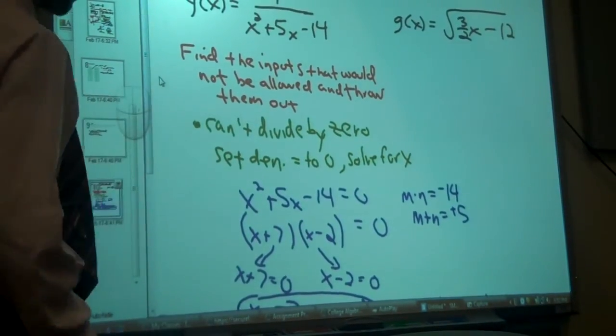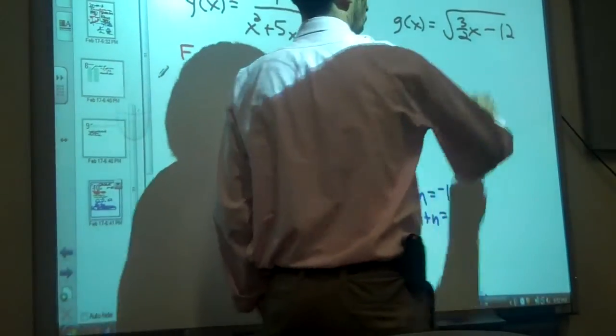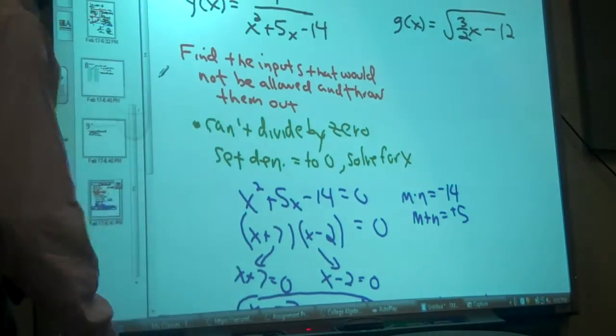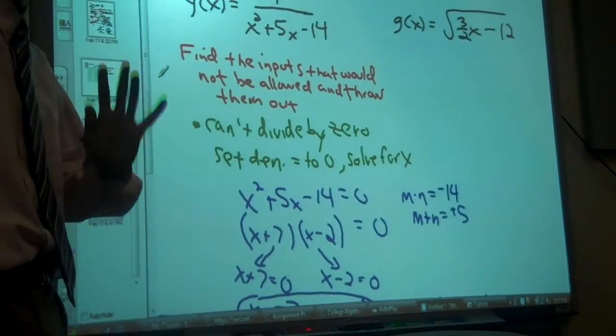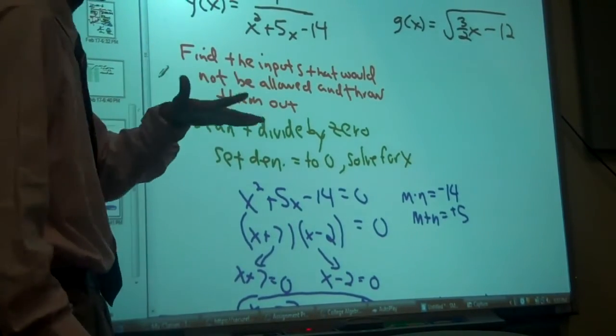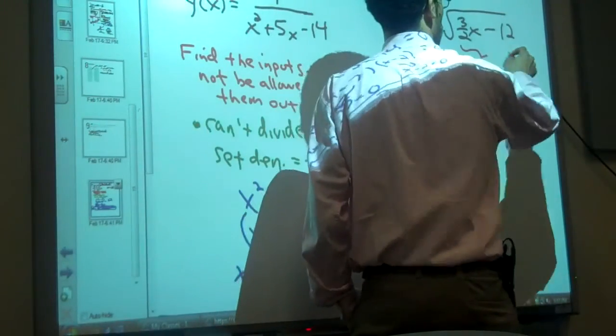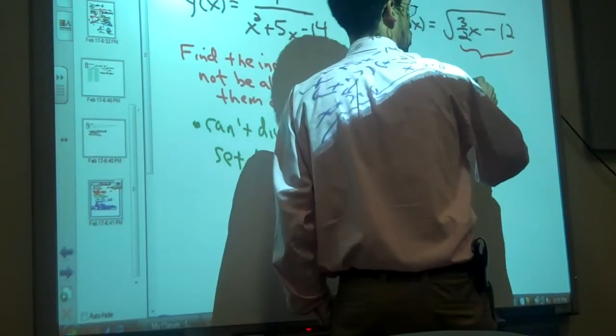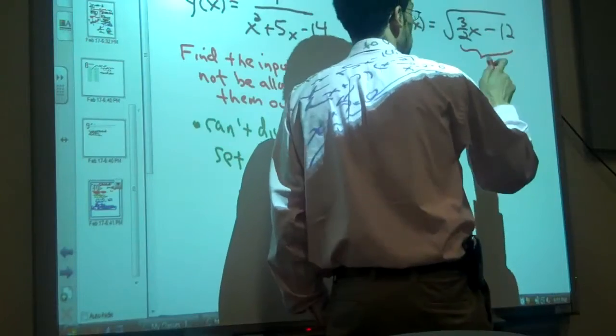But this other one, it's the square root. And just real quick, can't take the square root of a negative number. So what you do for this one, instead of trying to find out what makes it negative and throwing it out, you have to force what's under the square root to be positive.